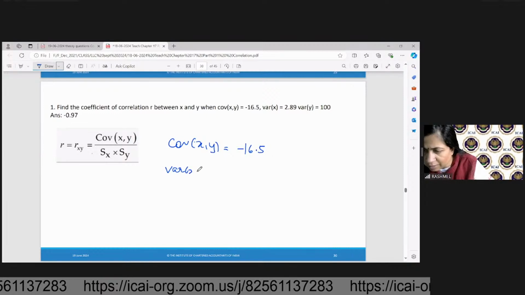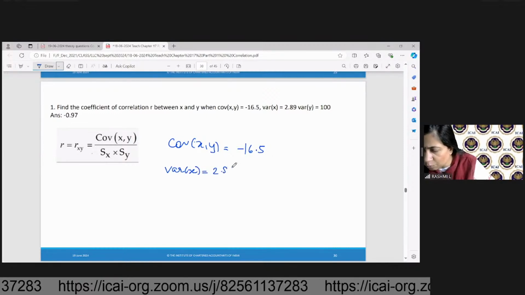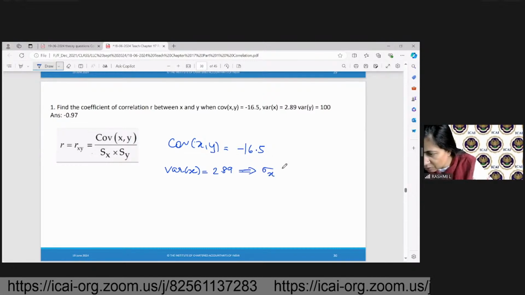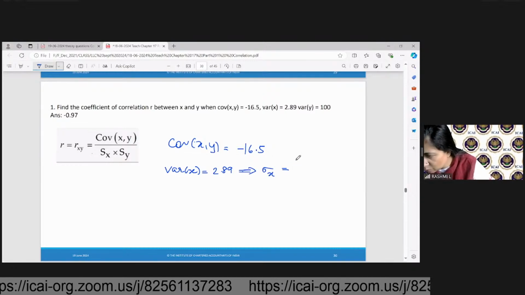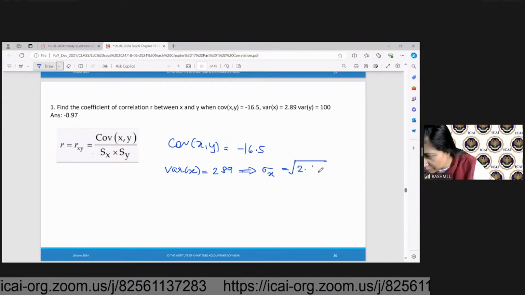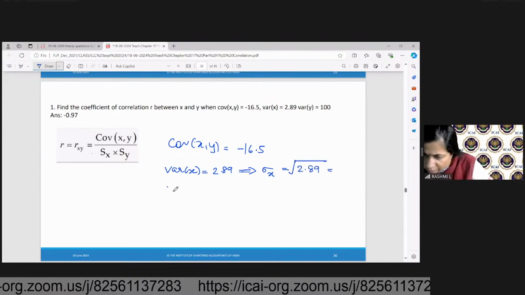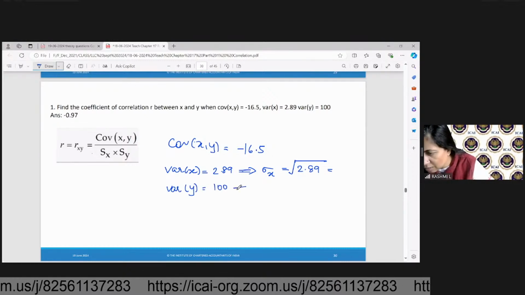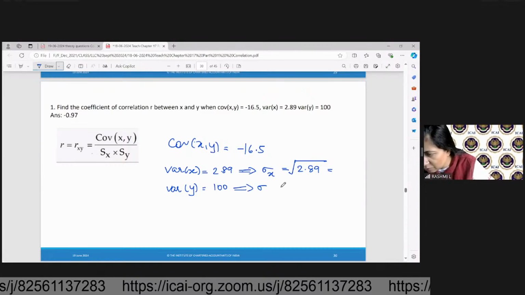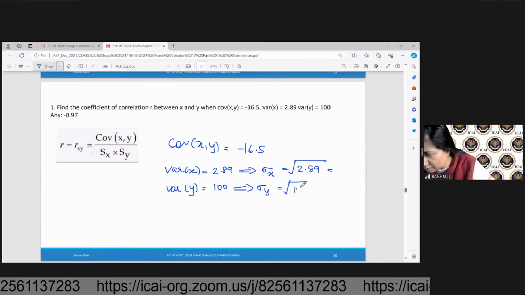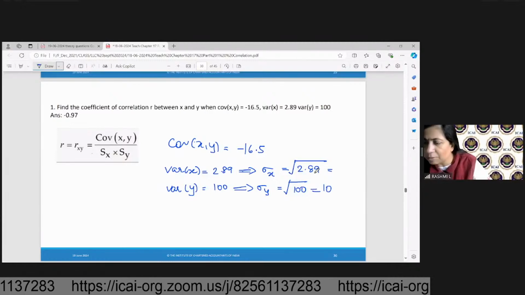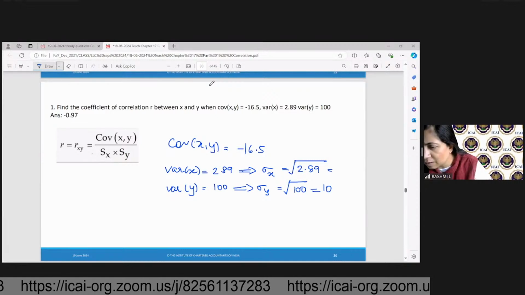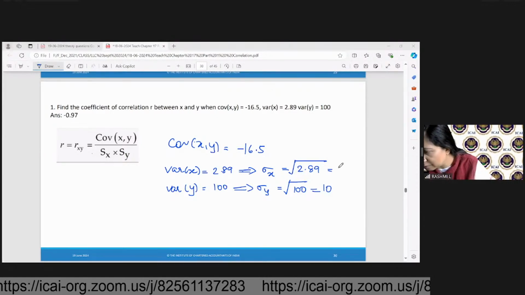Variance of X is equal to 2.89, implies standard deviation of X is equal to square root of 2.89. How much is that? Variance of Y is equal to 100, implies standard deviation of Y is equal to square root of 100, which is equal to 10. How much is square root of 2.89? Excellent, Jyoti, 1.7.